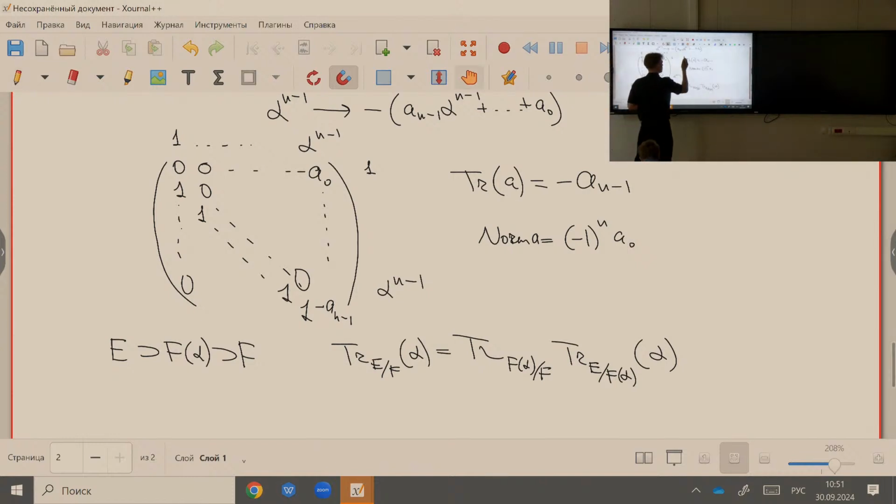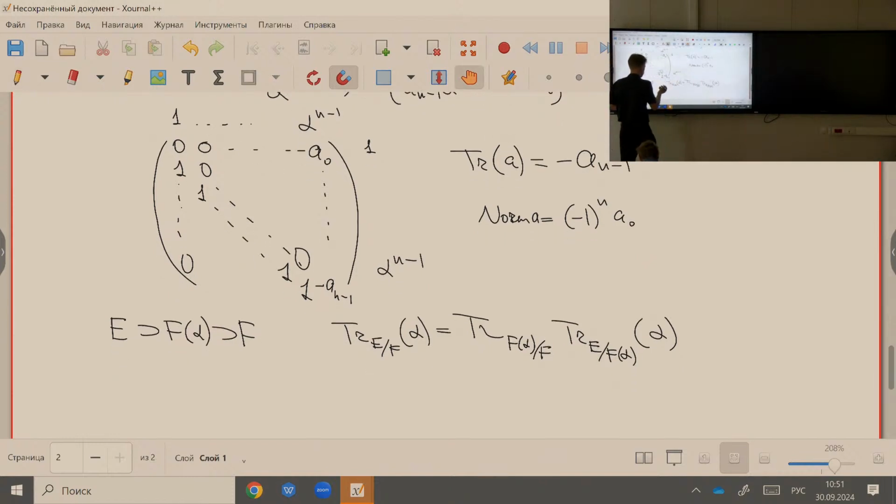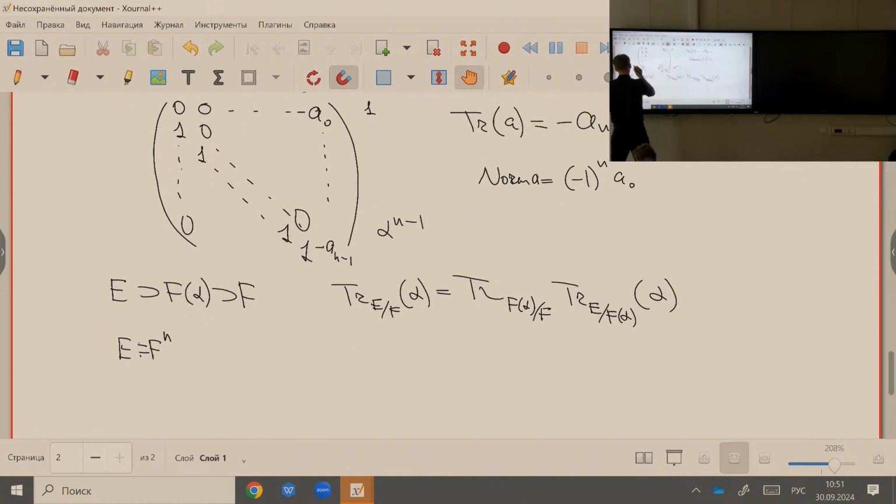over the field, so let us notice that if you take E over F, E is just F to the power n. So if you take an element of F, so A belongs to F, then on the basis, EI will be mapped to A times EI.